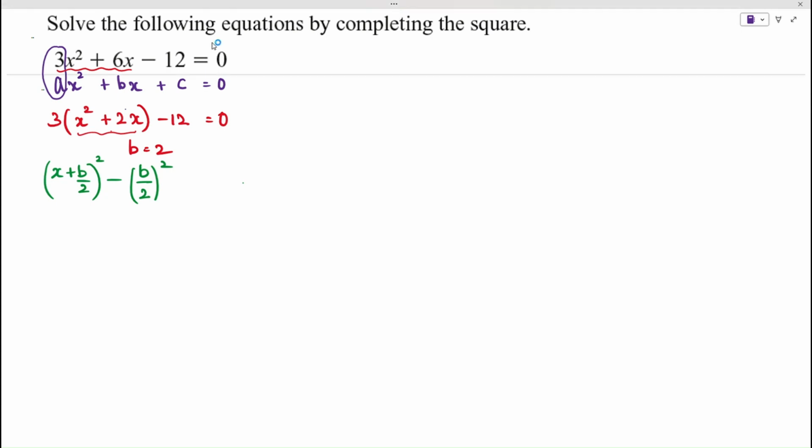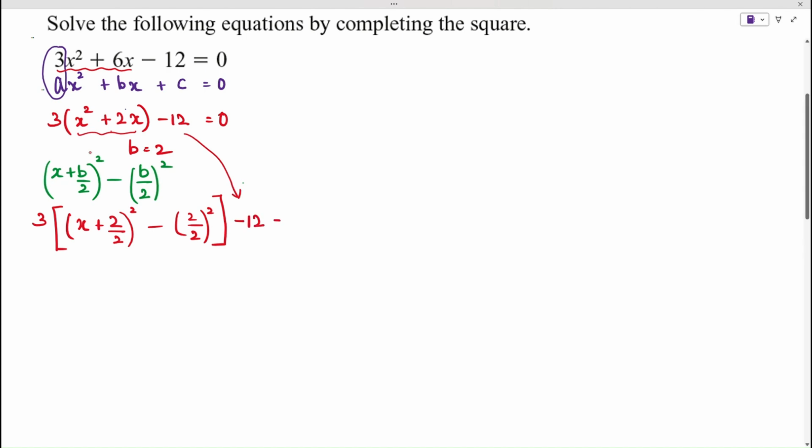We have b as 2, and we substitute that in, so we get 3 times x plus 2 over 2, the whole squared, minus 2 over 2, the whole squared. Close our square brackets. Then we bring down our 12, so that's minus 12 is equal to 0.